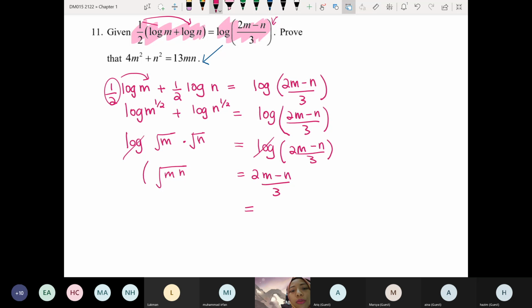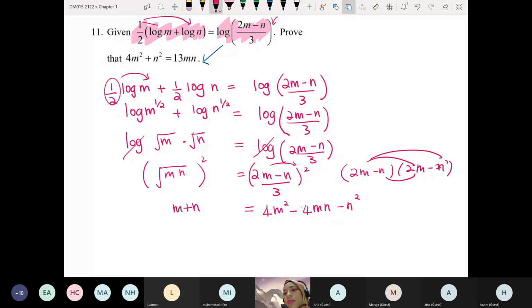So now you square both sides because we want to get rid of the square root. So m times n equals to, everyone, square: 2 squared for m squared, minus the multiplication of every function, 2 times n, 2n times 2, 2 times 2, 4mn, minus n squared. Those who cannot do it in their head like the teacher, you have to expand one by one. Expand like that.